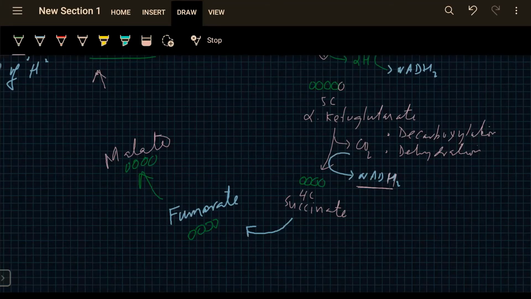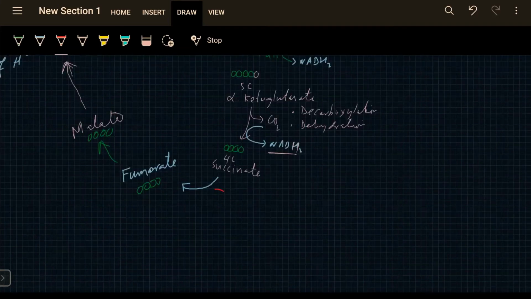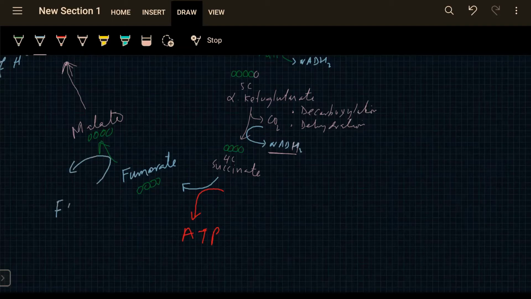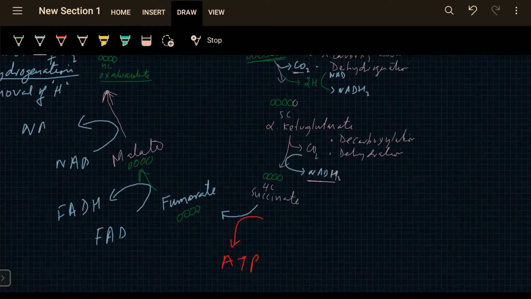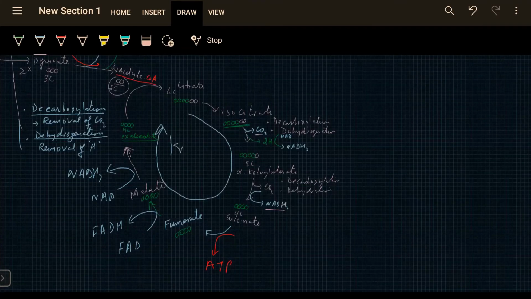And this malate is then converted into oxaloacetate, which is again a 4-carbon molecule. During this step, another ATP is formed. Another coenzyme, FAD, is reduced to FADH, and another coenzyme NAD is reduced to NADH2. So this cycle is known as the Krebs cycle.